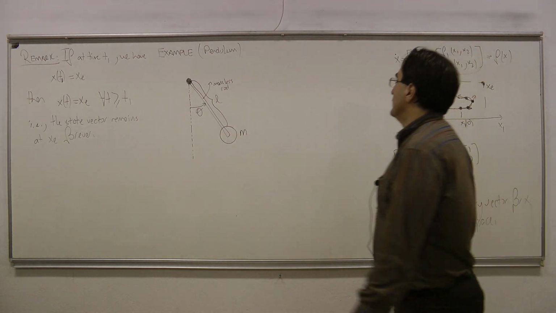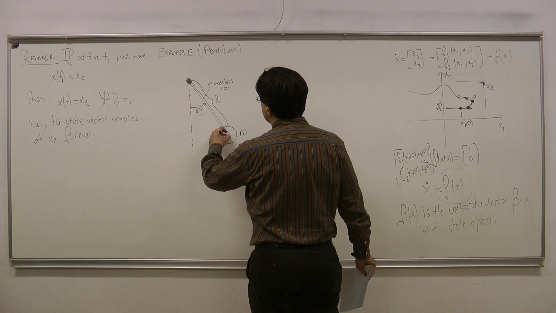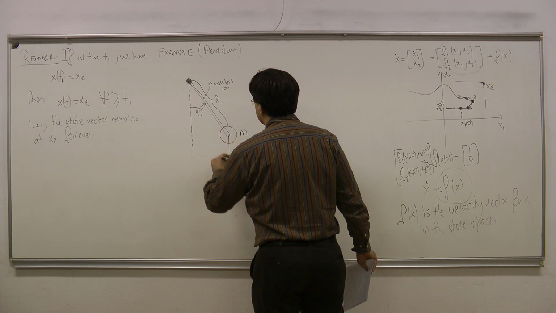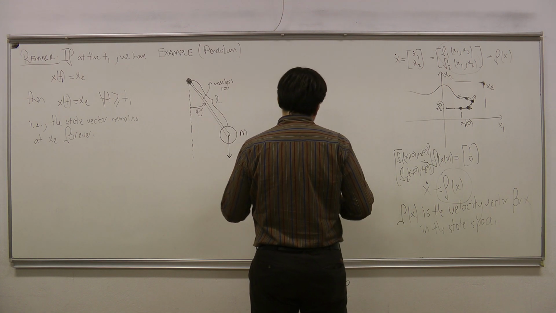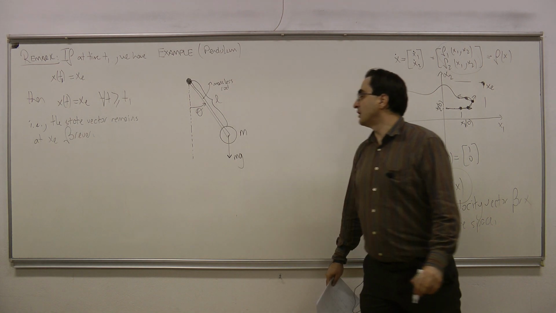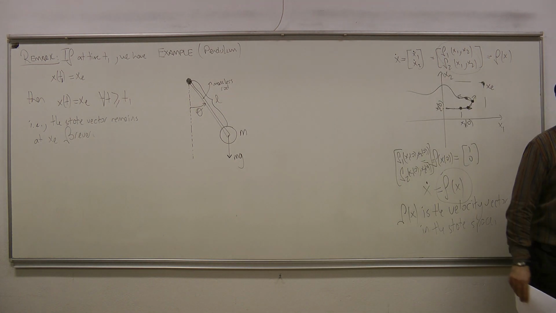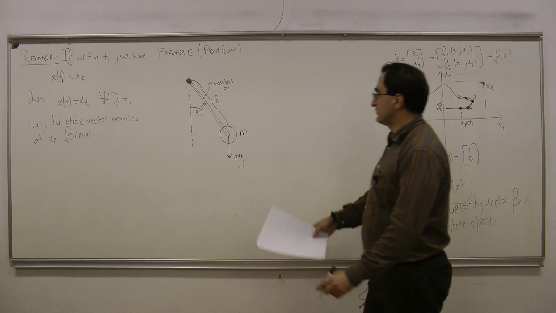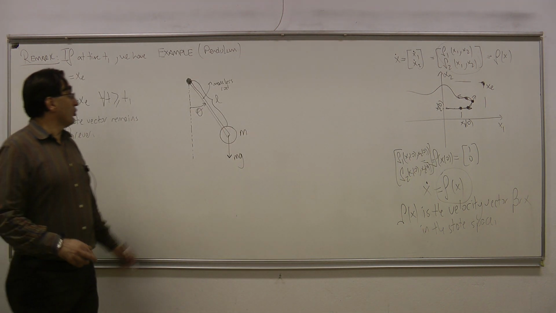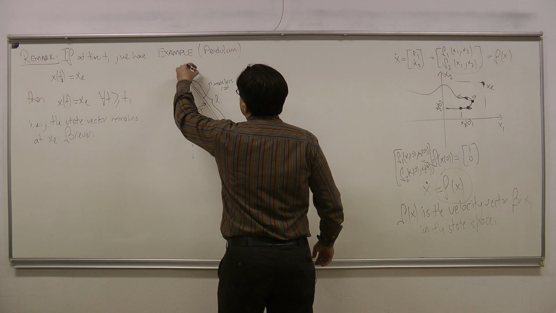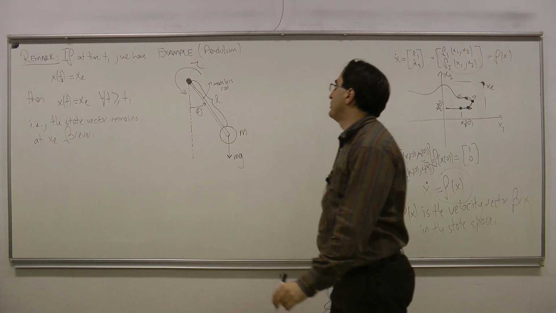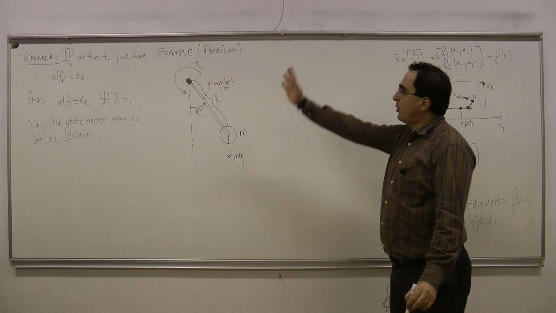I know that the pendulum actually is under gravity. Okay? So we have the gravitational force applied onto the pendulum, which is given as mg. Okay? So suppose that I have an electric motor here applying a torque to this pendulum. Okay? This torque is tau.